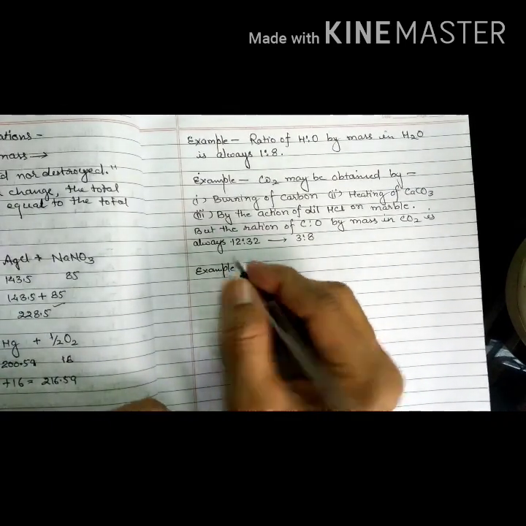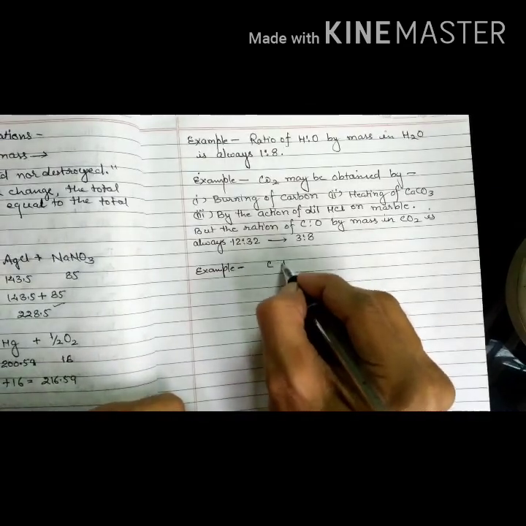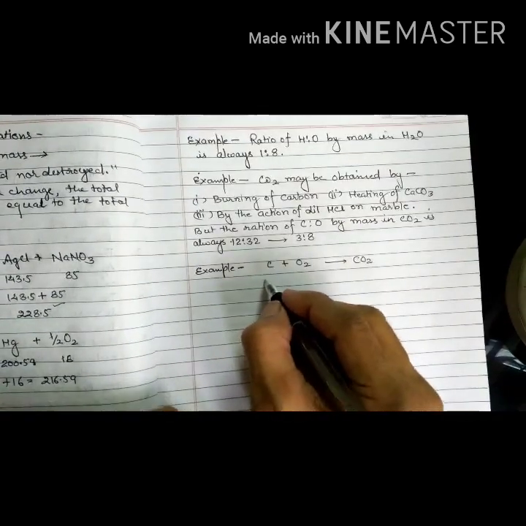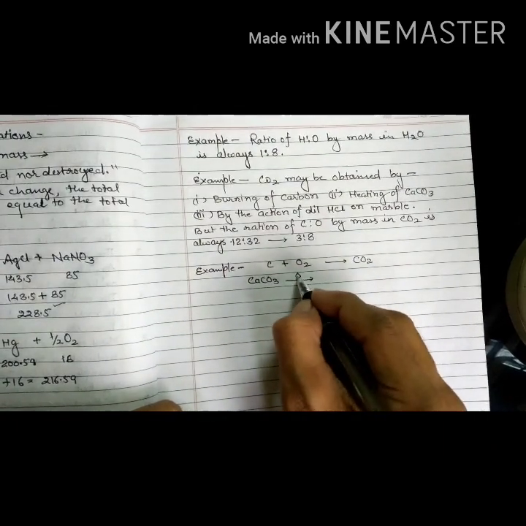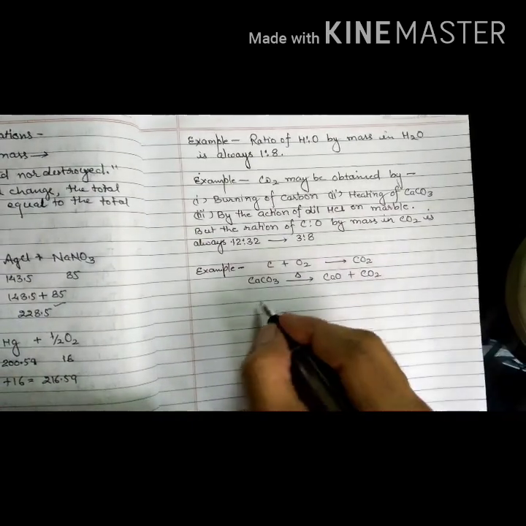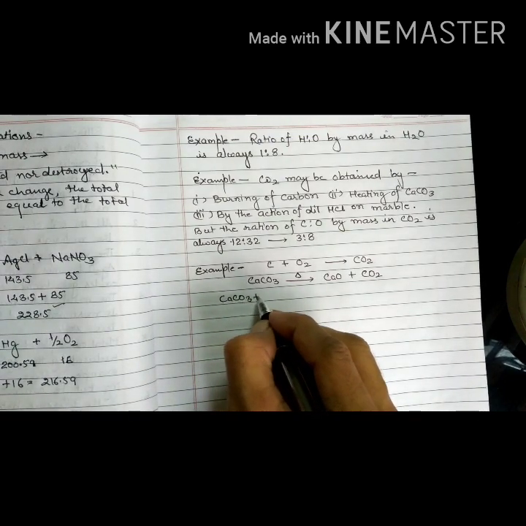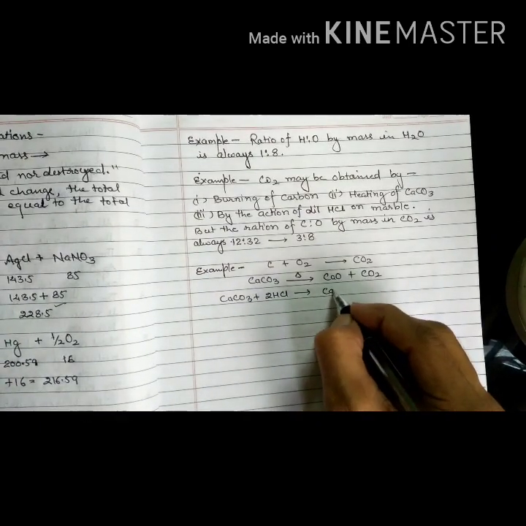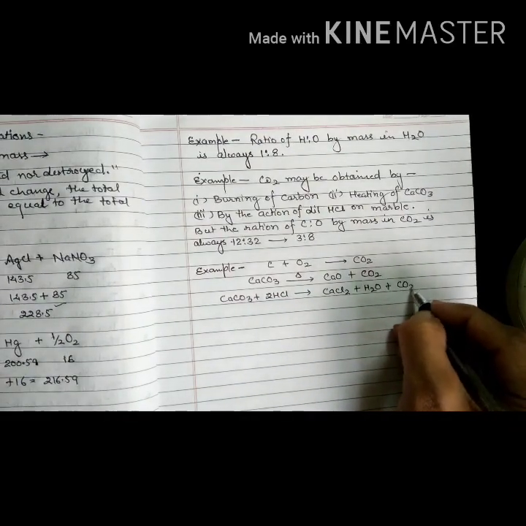Now suppose burning of carbon, C plus O2, this gives CO2. Heating of calcium carbonate, CaCO3, this is the decomposition reaction, gives CaO plus CO2, and CaCO3 plus 2 HCl gives CaCl2 plus H2O plus CO2.